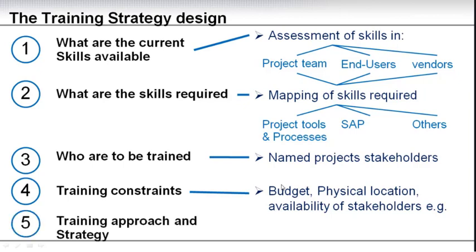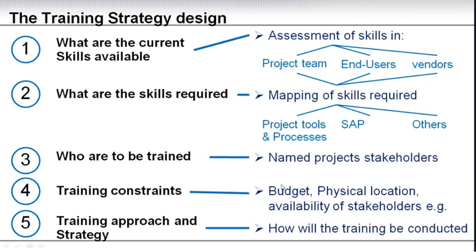Finally, once you know that, you need the training approach and the strategy. And this is, as mentioned, how will the training be conducted, taking into consideration the constraints, who is to be trained, what training they need, and what skills they already have. So all of this comes together in item 5 here, which is the training strategy.